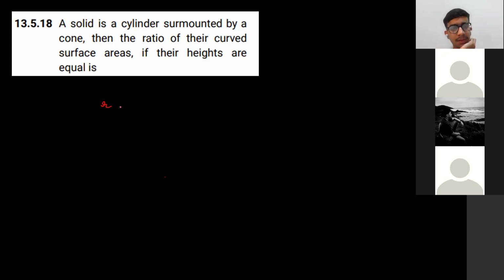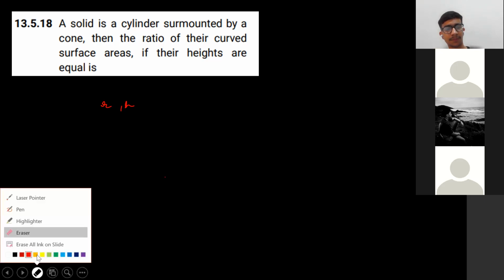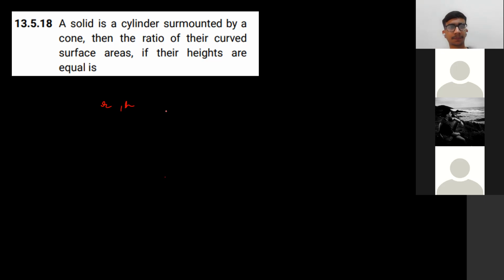Because the radius is same, the height is also same. So then the heights are equal. Okay. So 2 pi rh divided by pi rl.